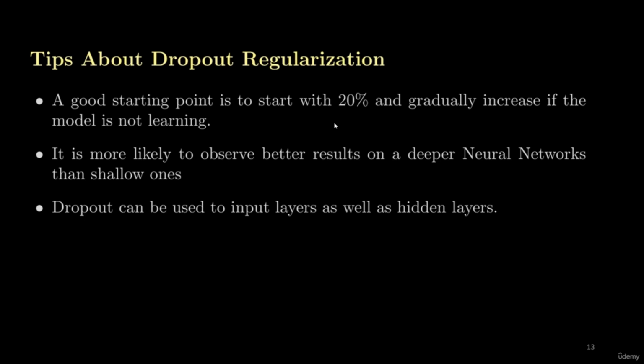If your model performance does not increase, then you can gradually increase the probability of dropout. I hope you understood the concept of dropout regularization, why it is important, and how it stops the model from entering the overfitting region. Thanks for listening, and I will see you in the next lecture.